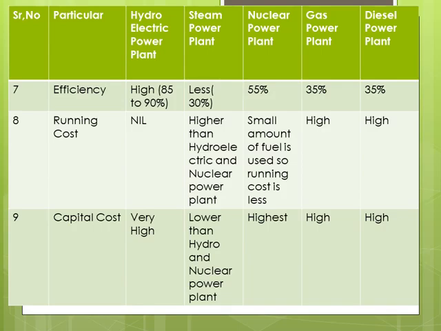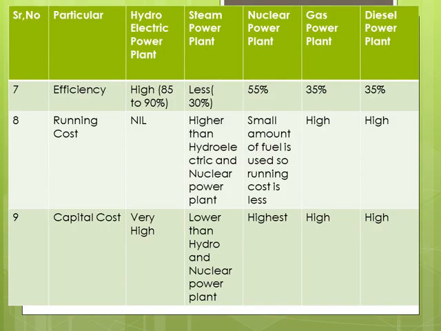For capital cost, it is very high for hydroelectric power plant due to the construction of dams, and large labor is required for these plants. Steam power plant, it is lower than hydro and nuclear. For nuclear it is highest due to the construction of nuclear reactors.